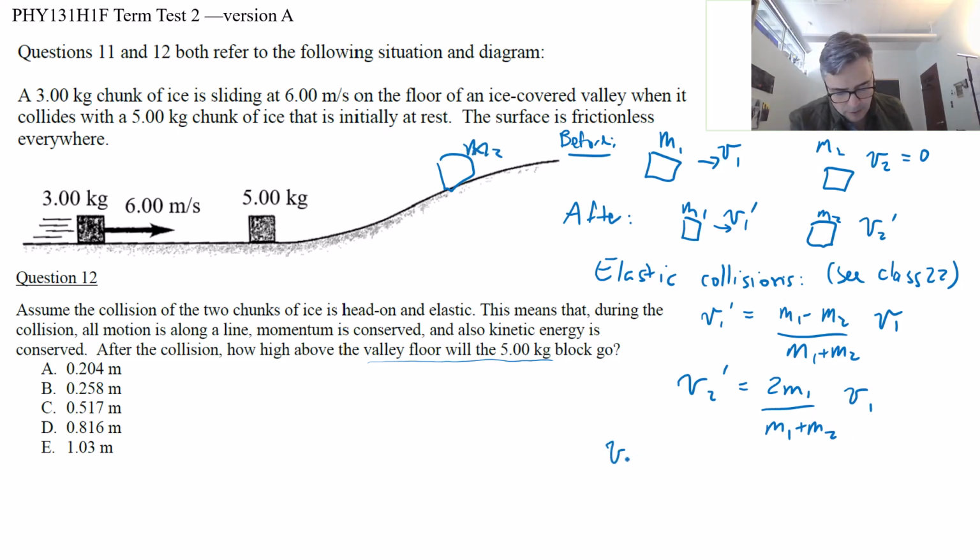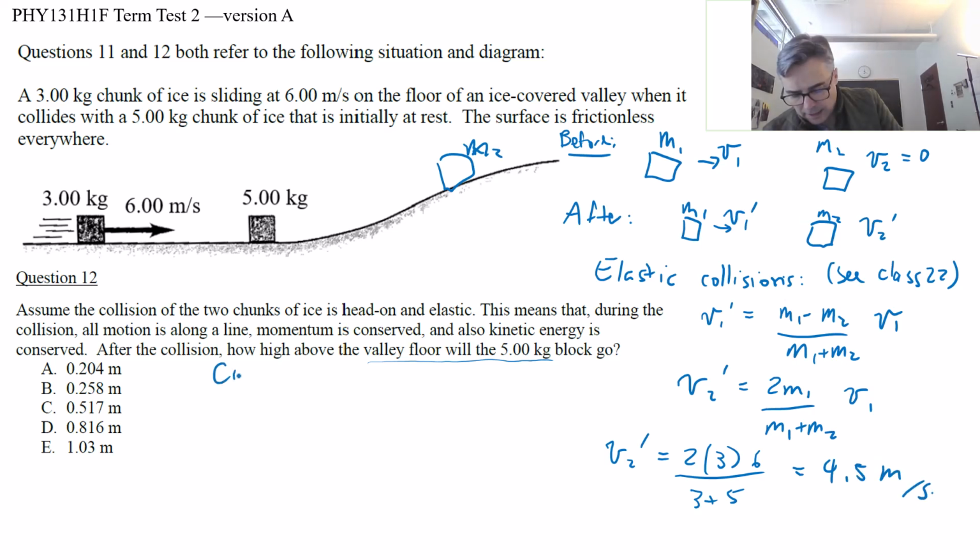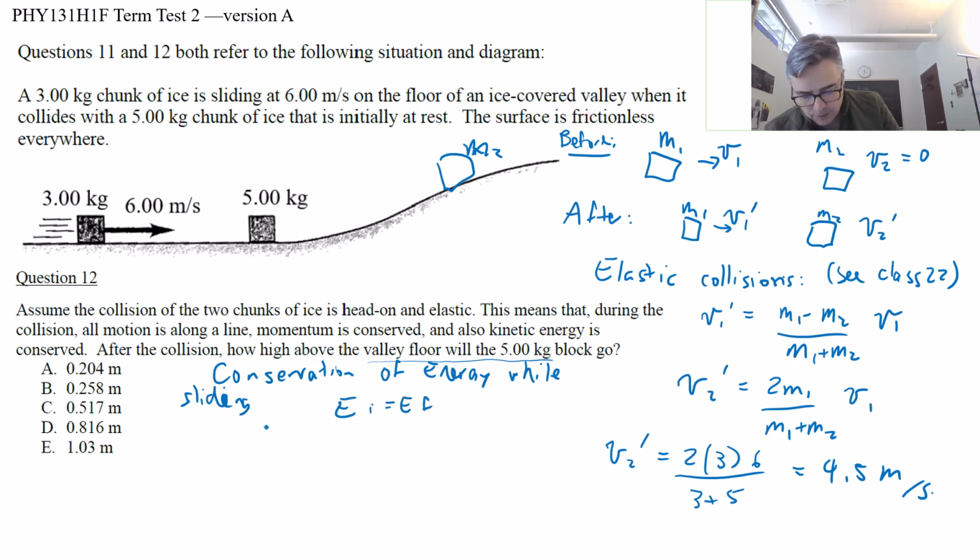And so v2 prime is equal to 2 times 3 times 6 divided by 3 plus 5. It's just twice the last one, so this is now 4.5 meters per second. And again, after the collision, you use conservation of energy while sliding. E initial equals E final. So 1/2 m2 times v2 prime squared plus 0 is equal to, it stops, m2 times g times h final.